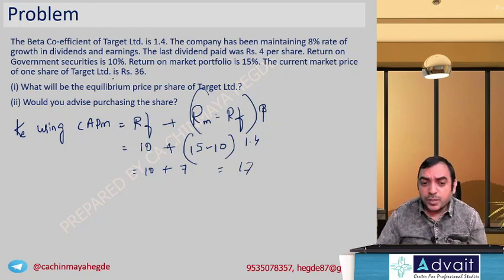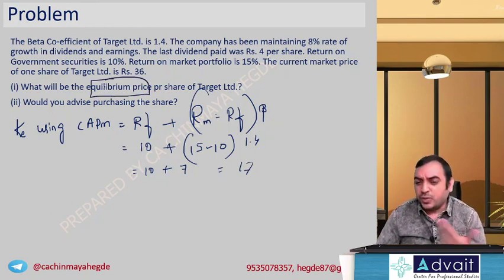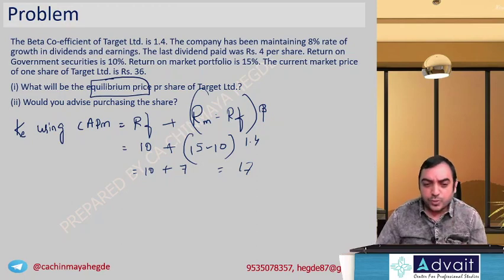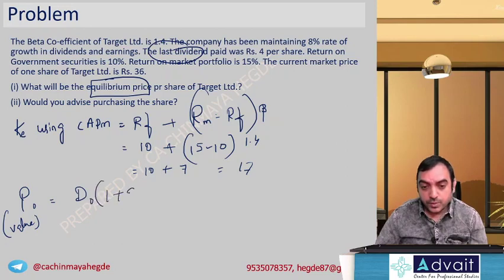Now using equilibrium price, a different name they give. Equilibrium price means intrinsic value only, value per share only. So P0, value, equilibrium price, value. They have given dividend last paid, so I'll use D0 into 1 plus G by K minus G. D0, last paid 4 rupees.